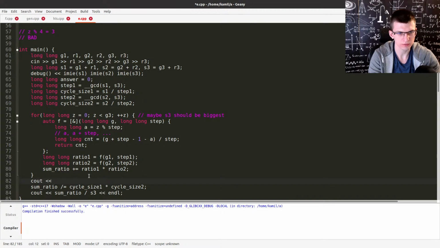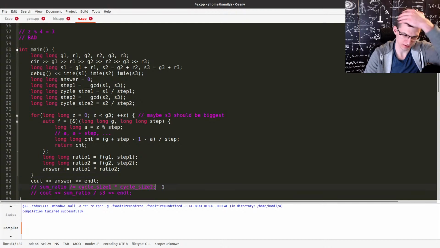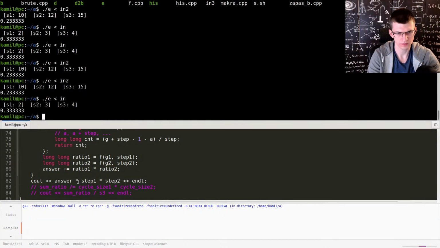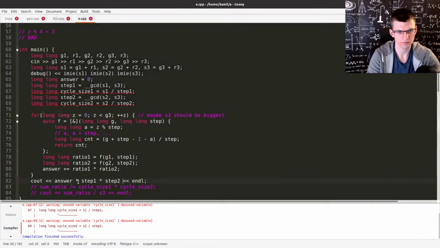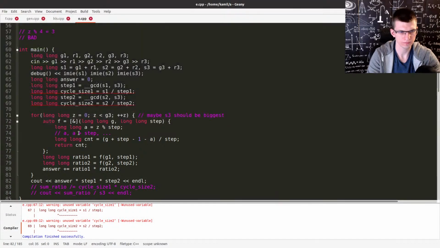I will need to multiply by something, right? So I don't divide by that, but I think I should multiply by step 1 and step 2. Cool.